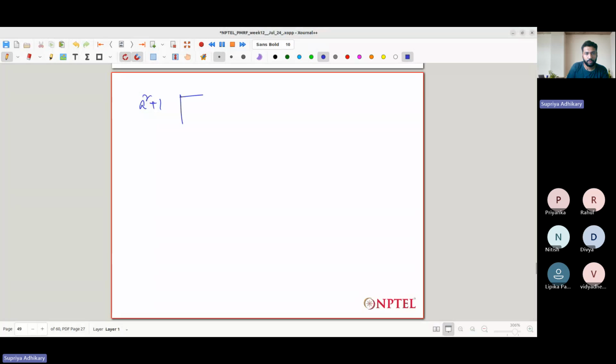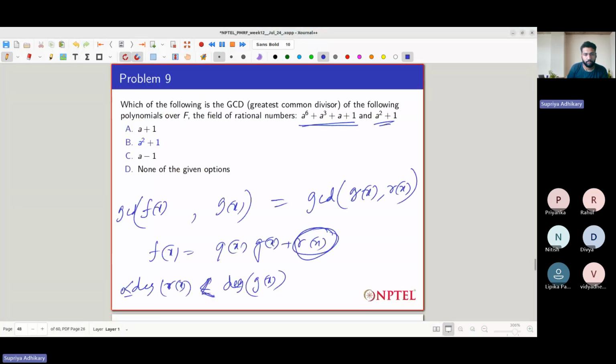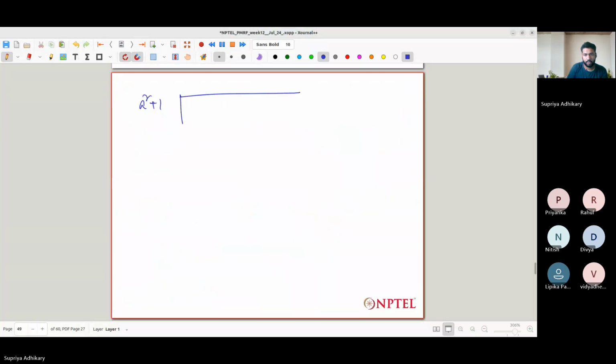So first of all, we consider this as f(x) and this as our g(x), and we will find this. So this is our g(x), and the f(x) is a^6 plus a^3 plus a plus 1. So we will divide these two polynomials.